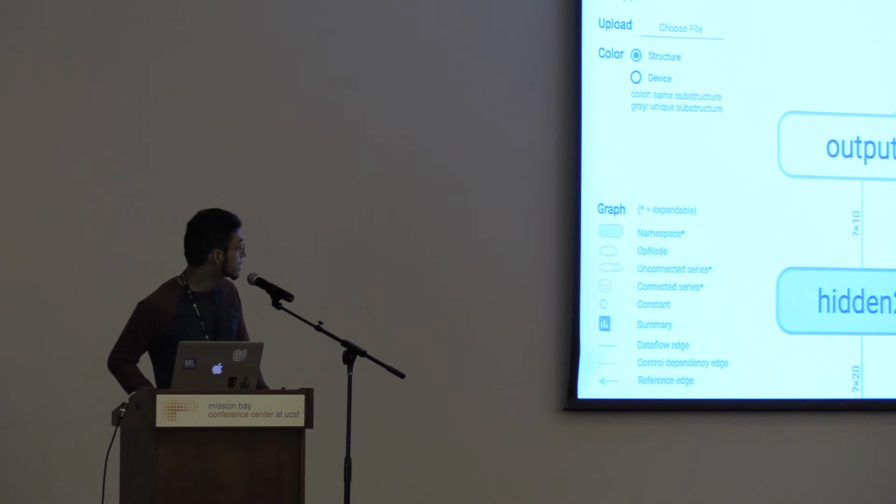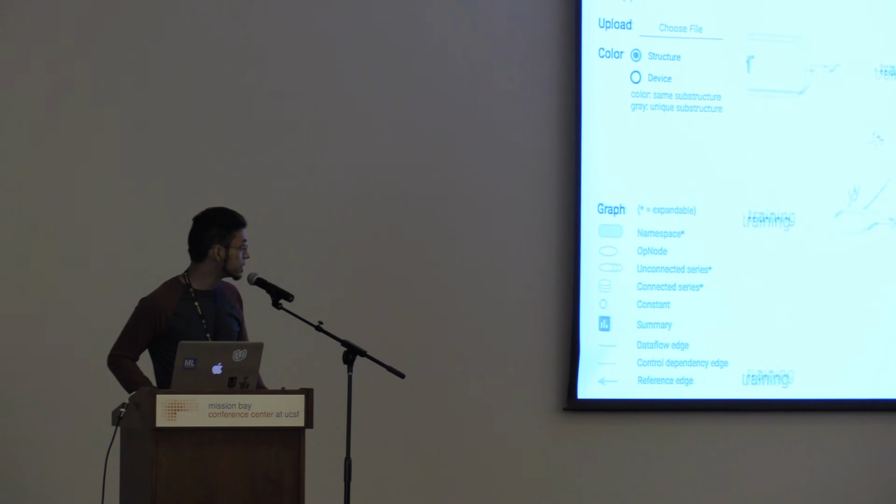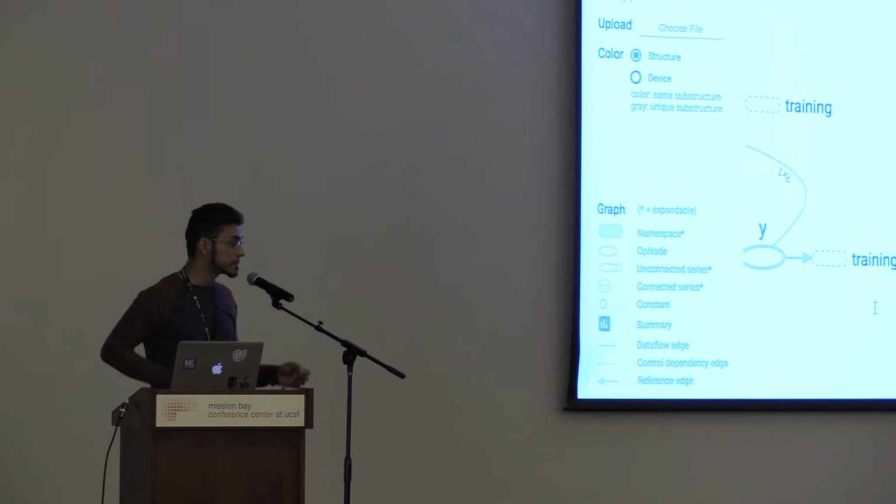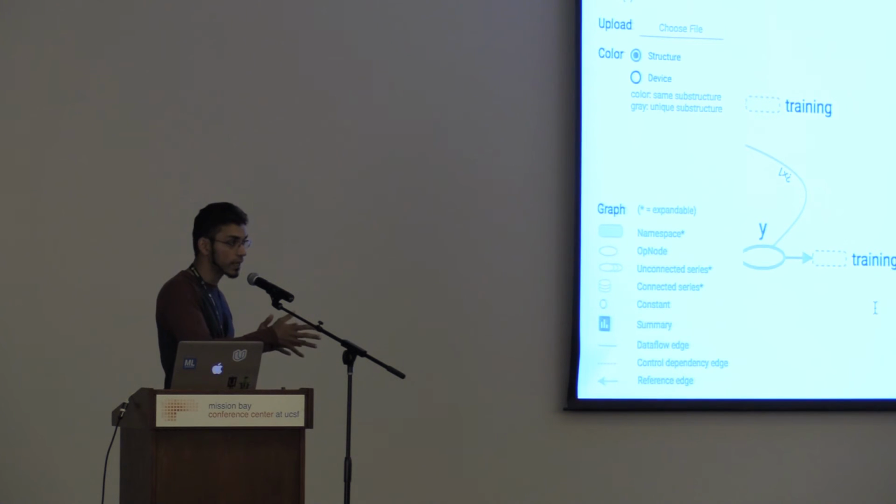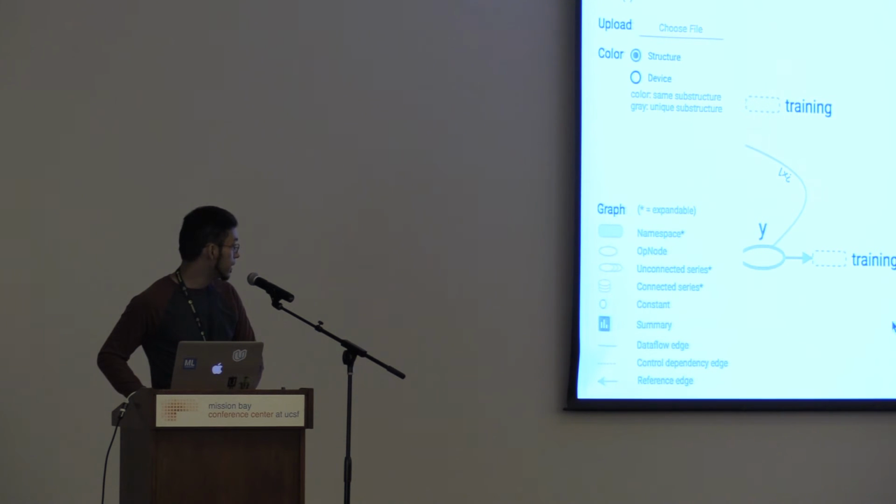The output layer predicts a single number, and then I compare that with the known values, and I get an error. And we see that all of these point to training. So the training operation is not directly mentioned in the graph, but what it basically does is it looks at all these values and then tweaks the weights and biases in the hidden layers and output layer, right?